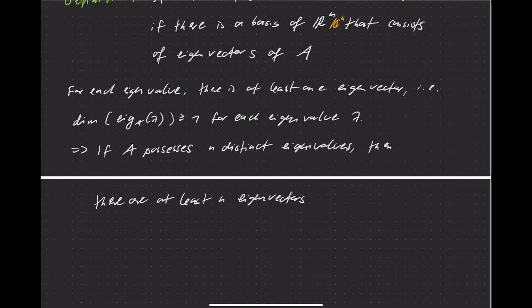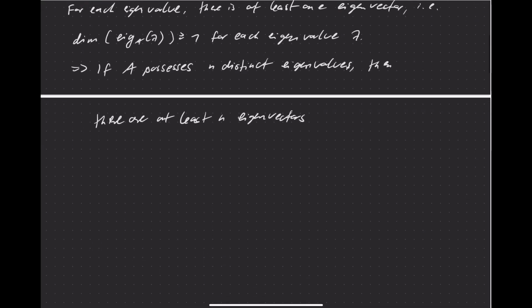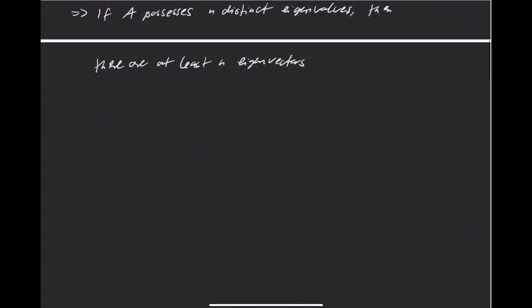Of course, what does remain is the question of whether these form a basis. So do they necessarily have to be linearly independent? And that's a question that we're going to solve in just a minute.